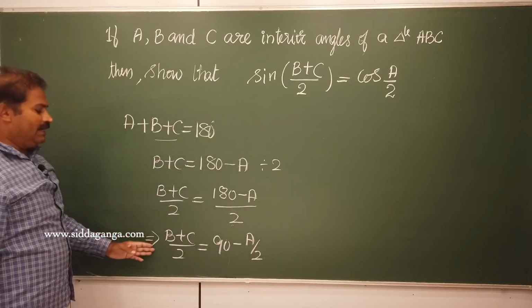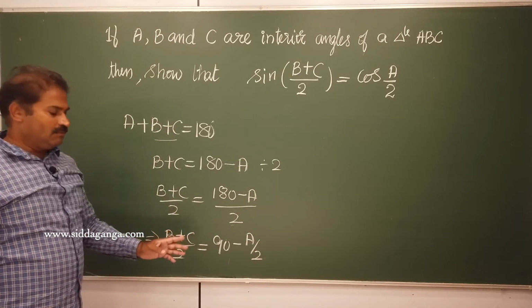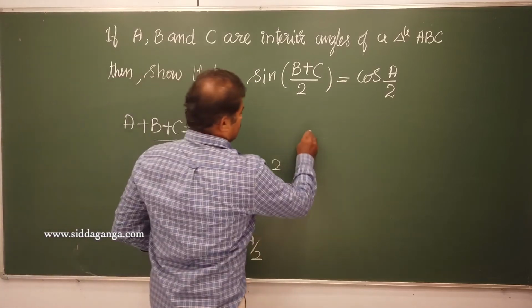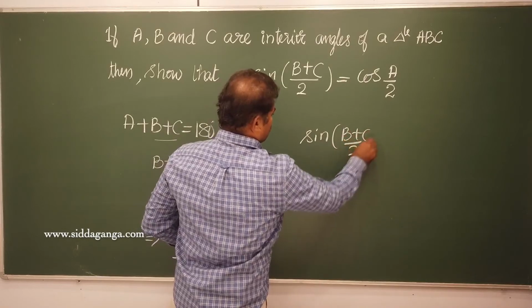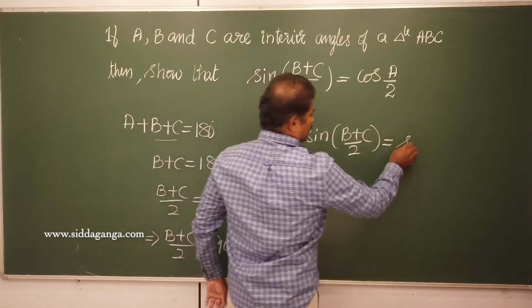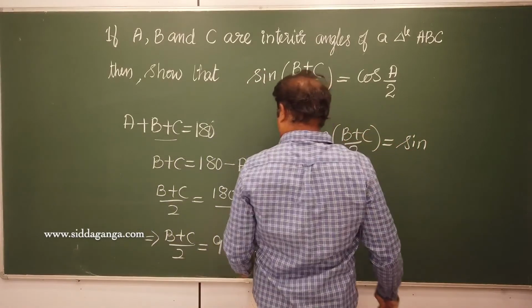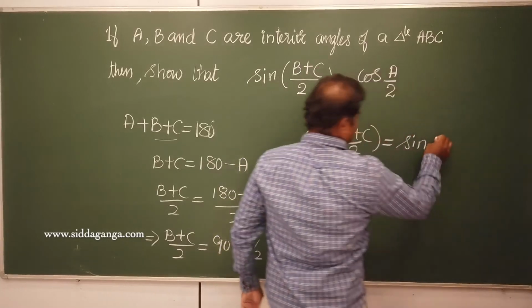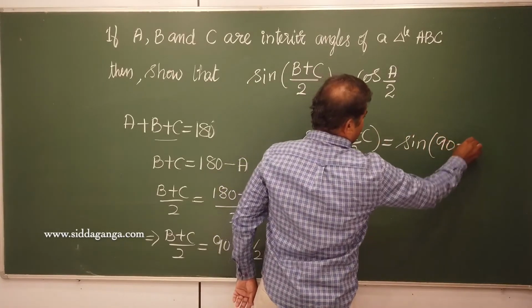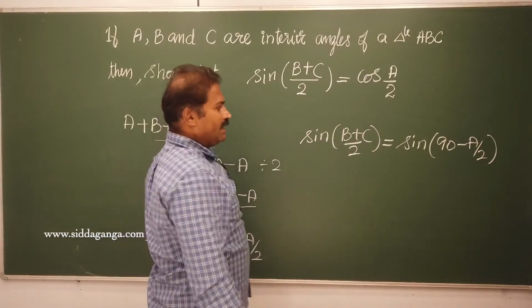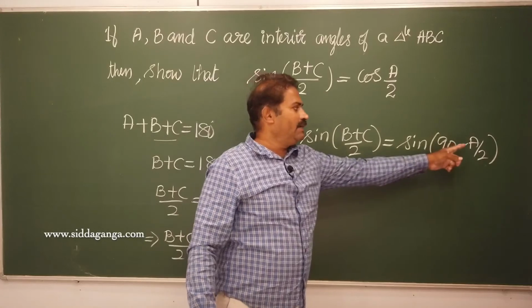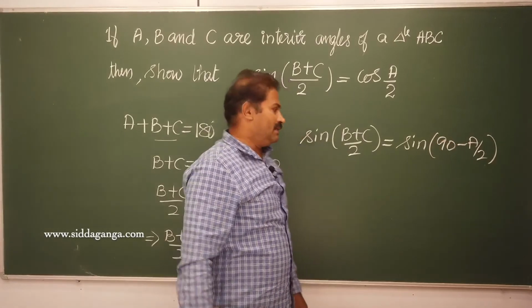Now you can apply sine on both sides. So when I apply sine on both sides, it becomes sine of (B plus C) by 2 is equal to sine of (90 minus A by 2). So by the complementary angles, you know that sine of (90 minus theta) is equal to cos theta.